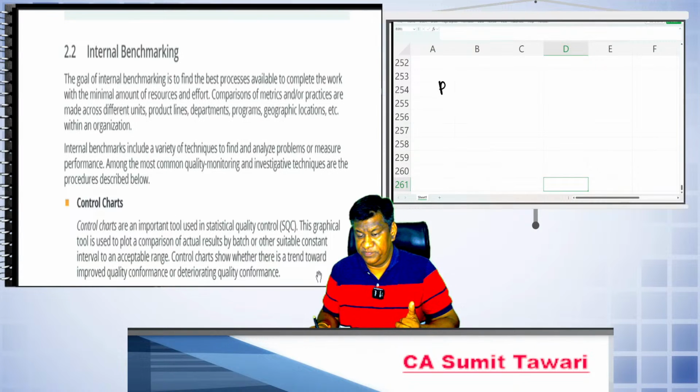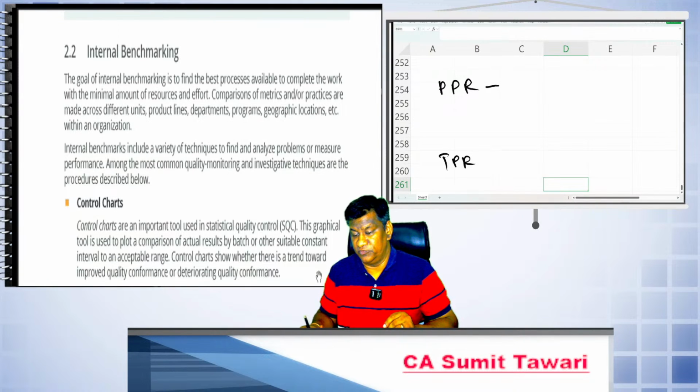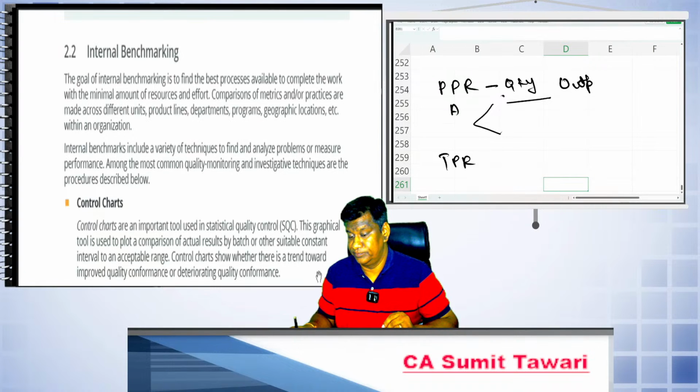Yeah, so PPR and the TPR. In PPR basically you can consider it is for the quantity only. Say you are producing product A. Your competitor outputs 1000 quantity, and for that he needs the input of 5000 quantity.